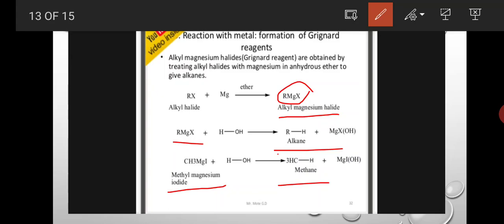Alkyl magnesium halides are obtained by treating alkyl halides with magnesium in anhydrous ether, and Grignard reagents react with water and form alkanes.